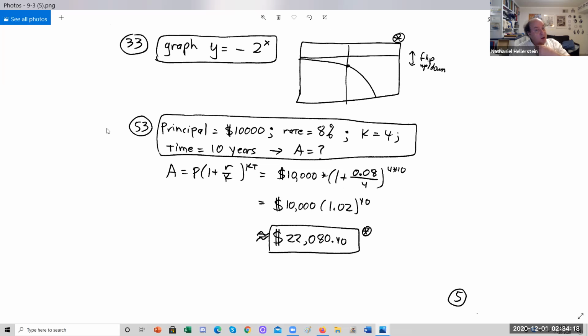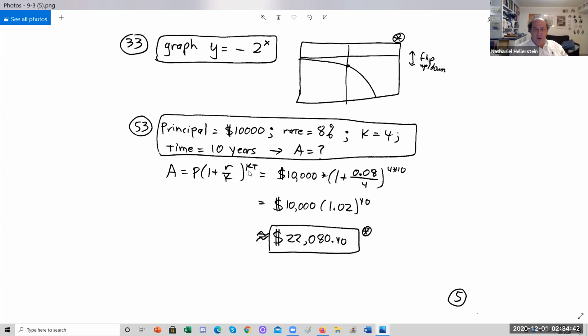Now, here's a compound interest problem. $10,000 is invested at an 8% rate in an account that compounds 4 times per year. After 10 years, what's the final amount? Here we go. A equals P times 1 plus R over K to the KT.